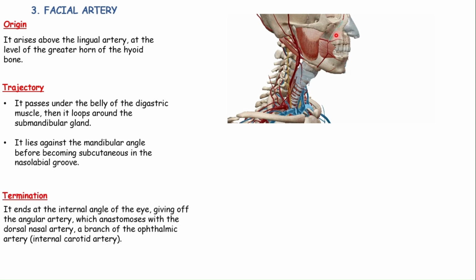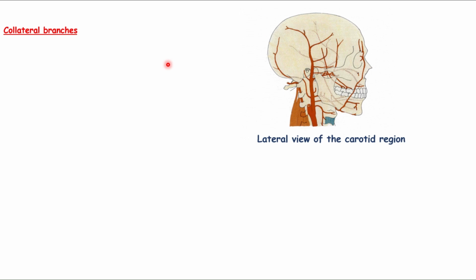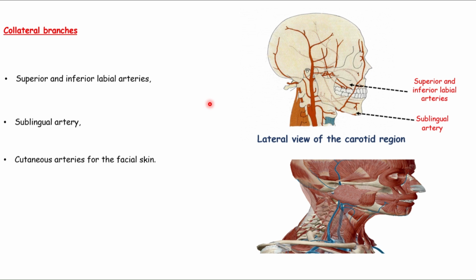It ends at the internal angle of the eye, giving off the angular artery, which anastomoses with the dorsal nasal artery, a branch of the ophthalmic artery. The collateral branches of the facial artery are the superior and inferior labial arteries, the sublingual artery, and cutaneous arteries for the facial skin.